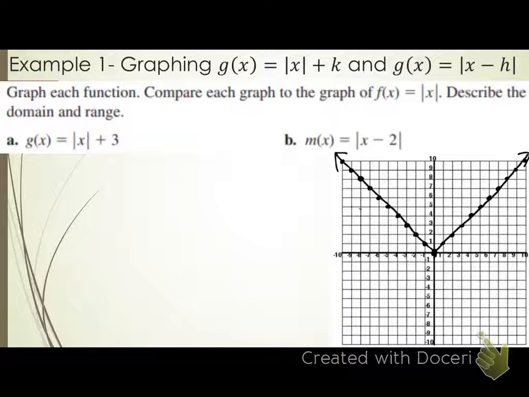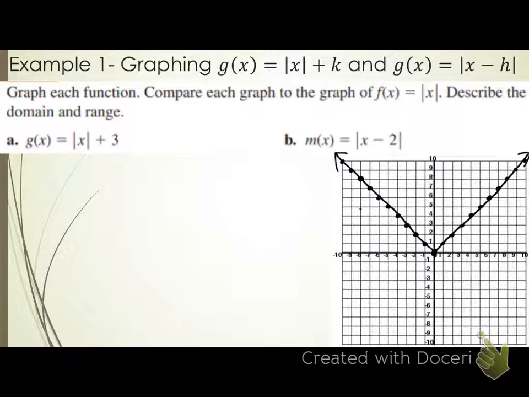So now let's graph g of x equals the absolute value of x plus 3. Based on my past few days of talking about transformations of linear functions, if I'm adding or subtracting something outside of the grouping symbols, what kind of translation was that? Horizontal or vertical?